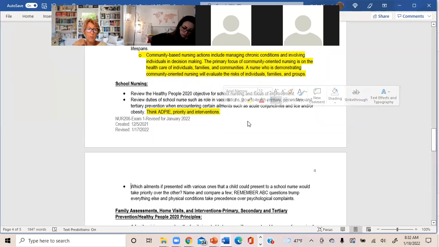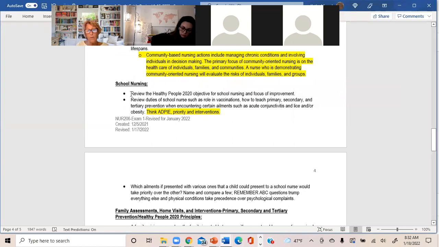So just because I'm in the schools doesn't mean I don't apply ADPI. With kids that come into the clinics, I need to do my assessment. I need to identify what's going on. I have to come up with a plan, put that plan in place, and then evaluate it.